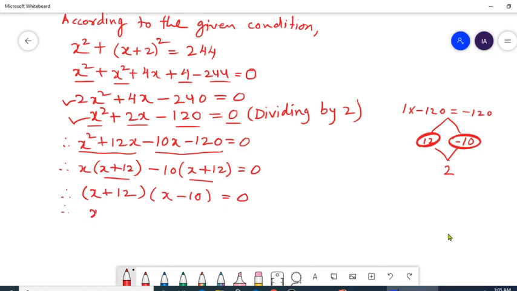Now x plus 12 equals 0, or x minus 10 equals 0. This way you will have two values of x: one is minus 12, or plus 10.